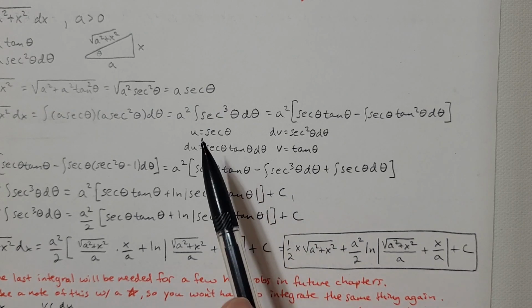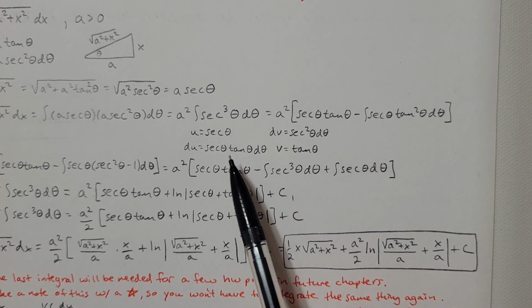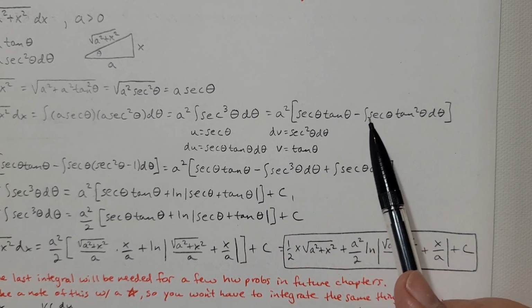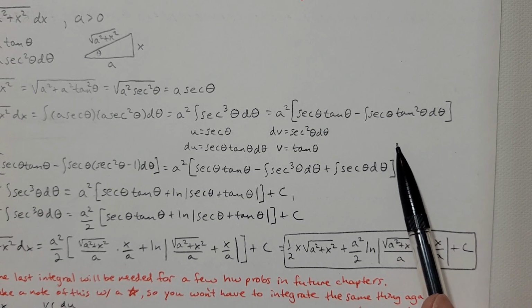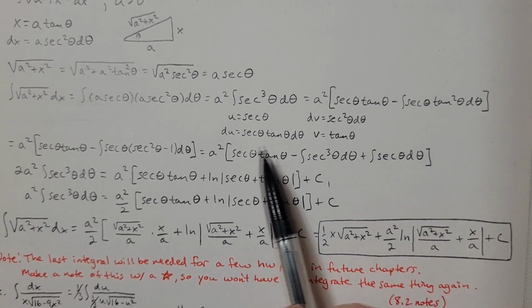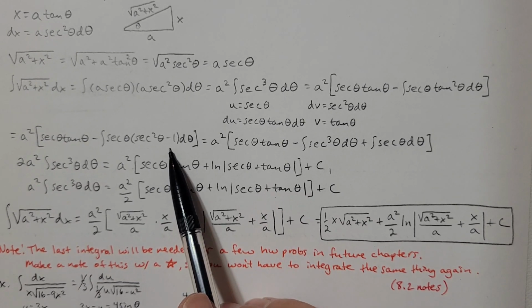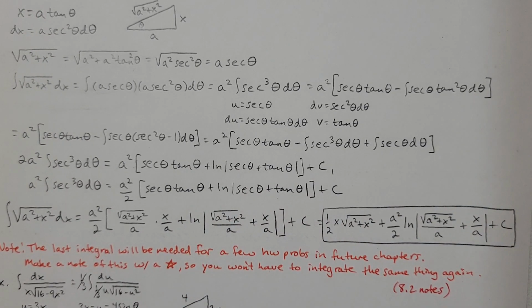So using integration by parts, we got u times v, secant theta times tangent theta, minus the integral of v du, the integral of secant theta times tangent squared theta d theta. Tangent squared theta is secant squared theta minus 1, so I'm replacing tangent squared theta with secant squared theta minus 1.